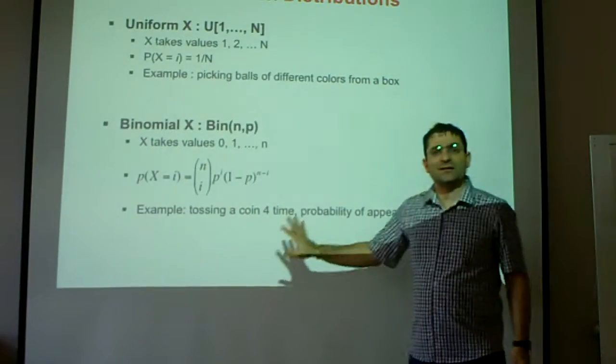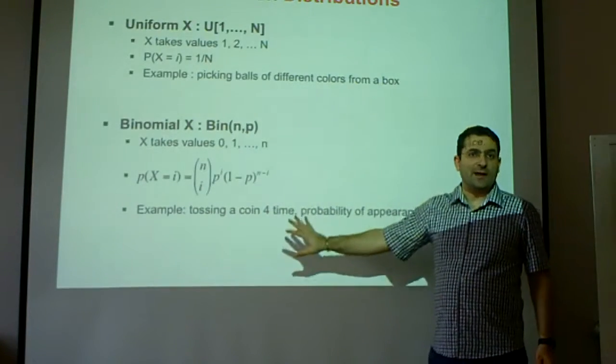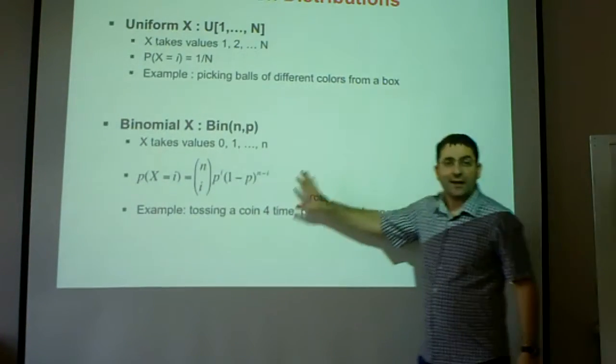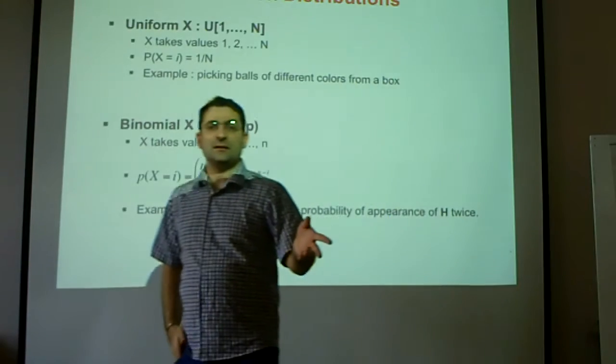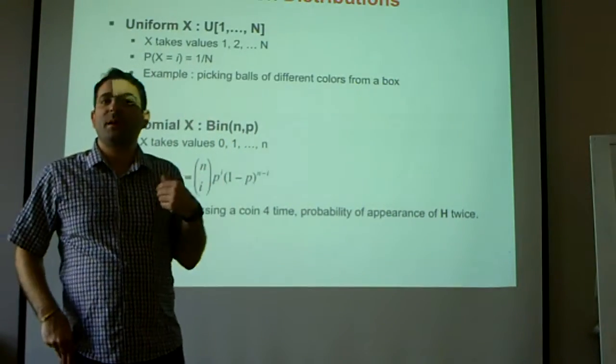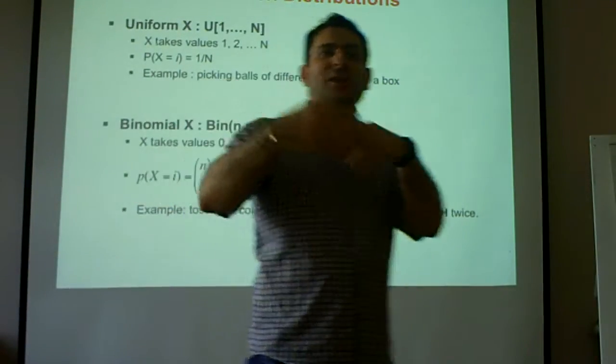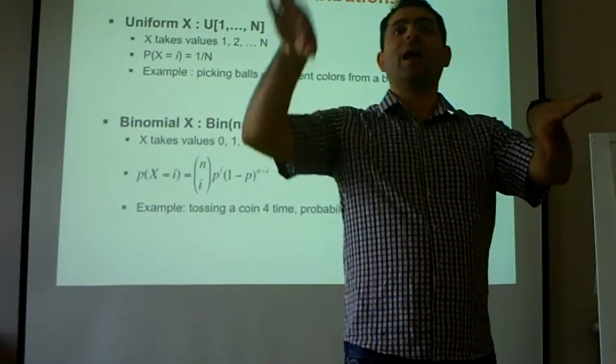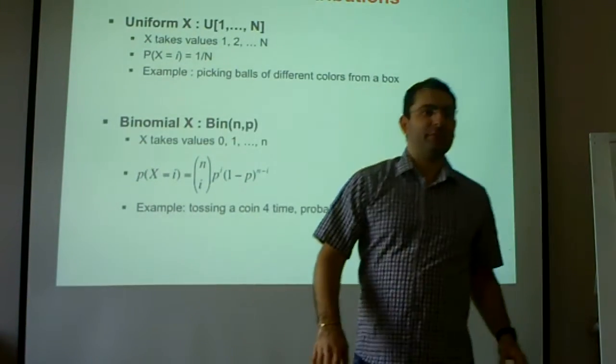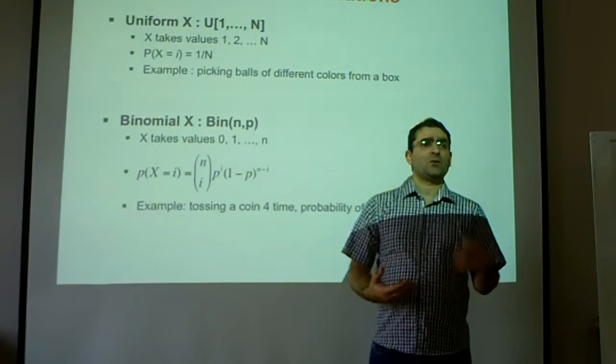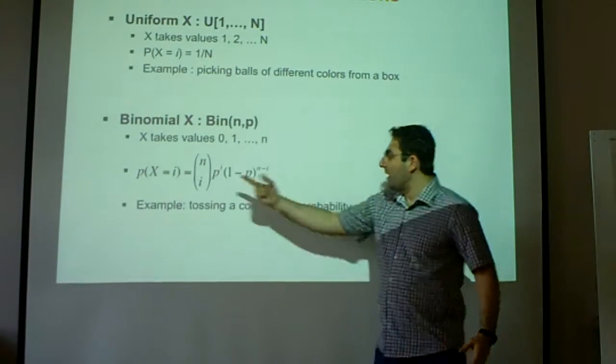So binomial distribution is very important. We can use this type of modeling for so many problems. That's why, if you remember, I said that, for instance, in emotion recognition, people divide into two classes, positive and negative, because it will be easier for them to handle. Why easier to handle?